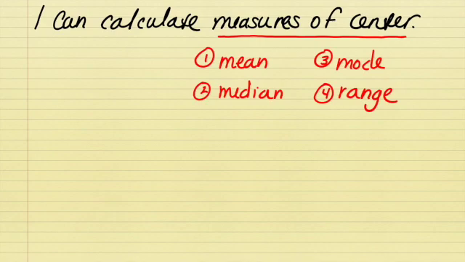So we're going to go over these 4 things today. All right, so let's look at our first one, and we're going to start with mean. All right, first we need a set of data to work with, all right? So let's assume that the survey question was asked, how many siblings do you have?